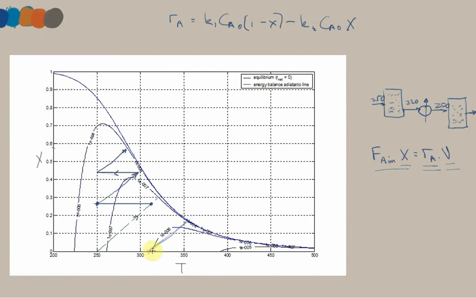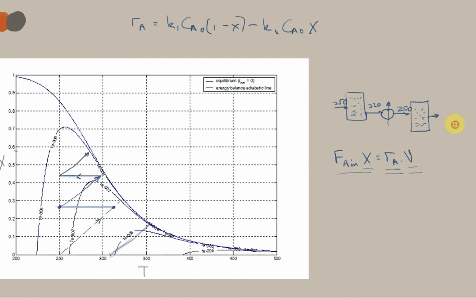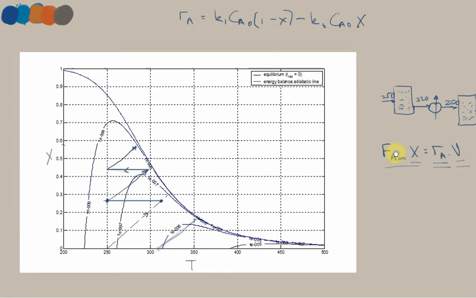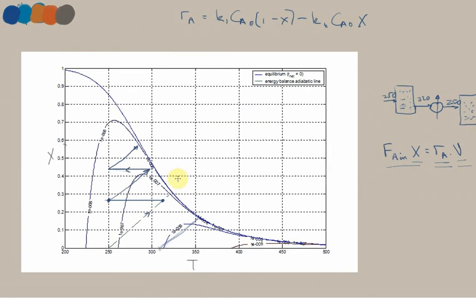So if we achieve a nice high conversion, then that means eventually coming out of the train here, we'll have a high concentration of the product B and a low concentration of A. And if B is a valuable product, then that means we don't have as much separation to do. We don't need to separate as much B from A for this to be a reasonable product.